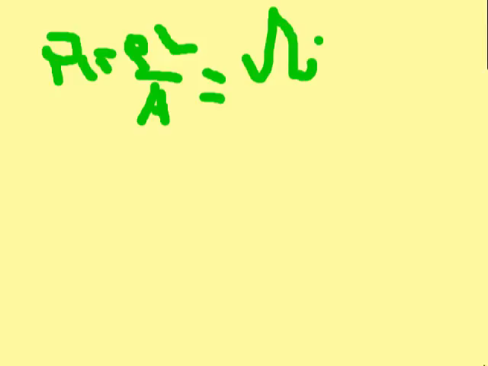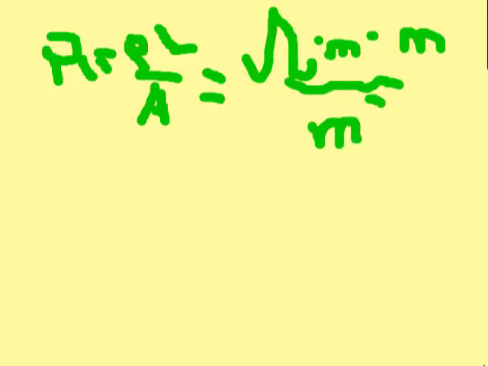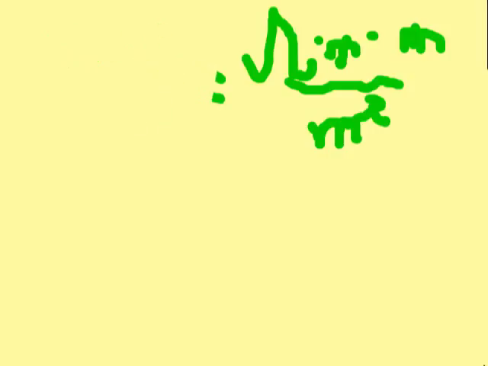This would be the unit times meters, L would be meters, and A would be meters squared. We see that this cancels out with this, so the unit has to be ohms times meters. What does this equation tell us? It tells us that the larger the area, the smaller the resistance, and the larger the length, the larger the resistance.